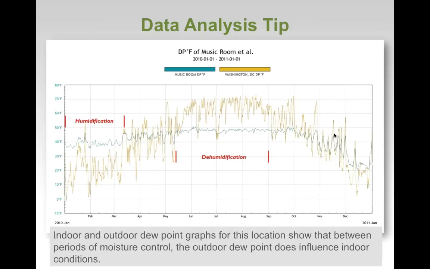So, one way to look at a malfunction. If you're looking at this graph, same as before, I've shown you a graph where we have humidification, and this is a room in Washington, D.C., and outside air. So if you look, you have the humidification here as well. And then once again the shoulder season, where it's applying less moisture control of the space.